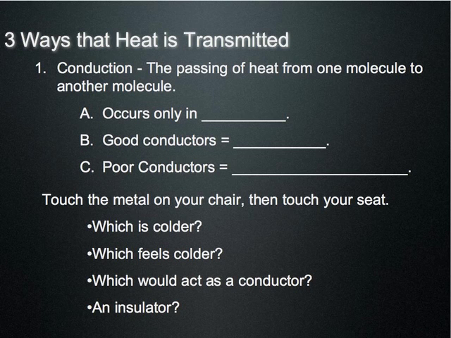What's happening to the molecules? One molecule is really hot and it makes the next one hot, until it gets all the way to the top. But how does one molecule make the next one hotter?